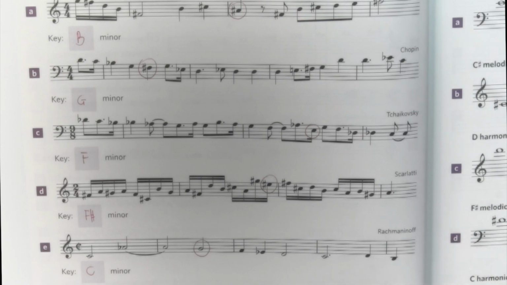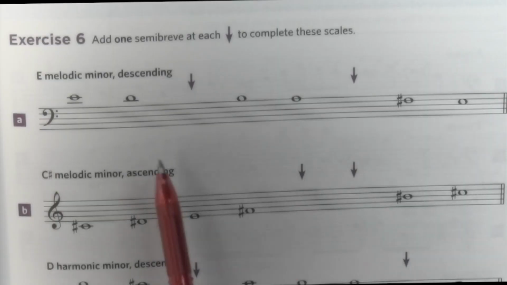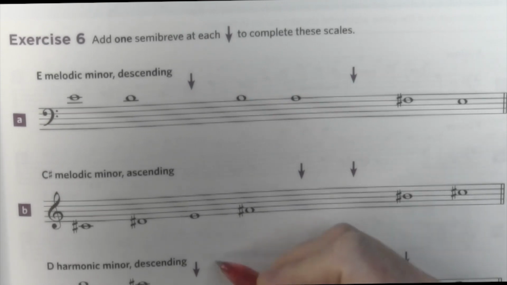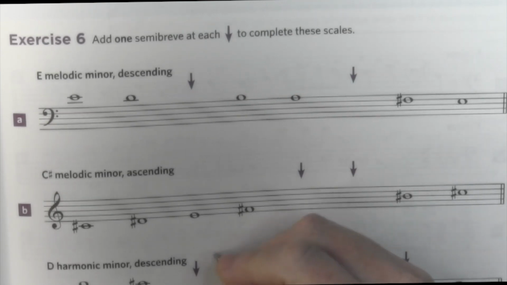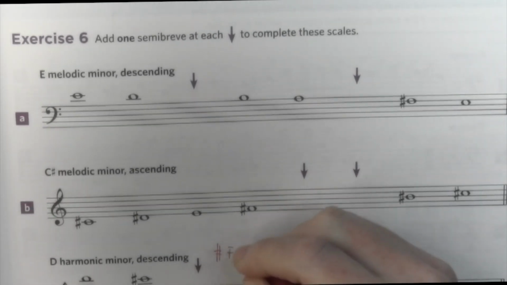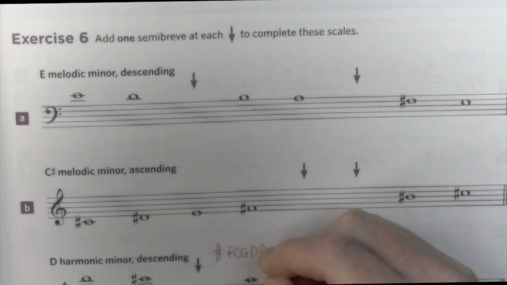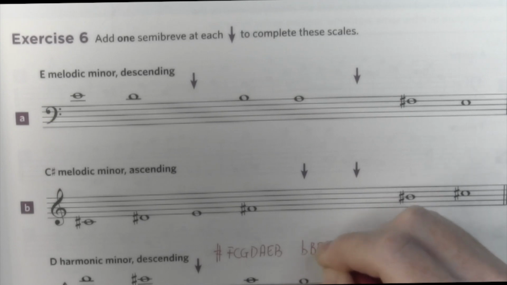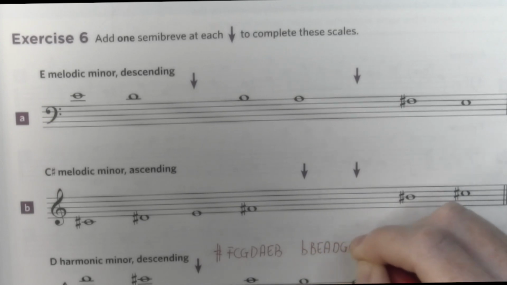Let's move on. Okay, exercise 6 asks us to add a note to complete the scales. Now to do that, I think that I need the order of sharps and flats as usual. I think I might write it here. Here is fine. Fa, do, sol, re, la, mi, si, or si, mi, la, re, sol, do, fa.